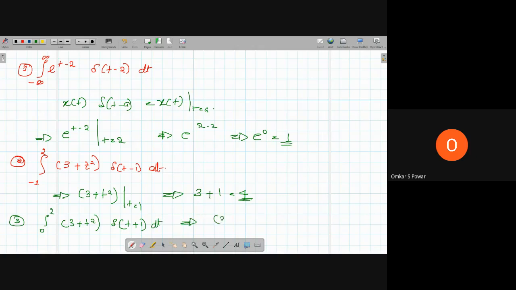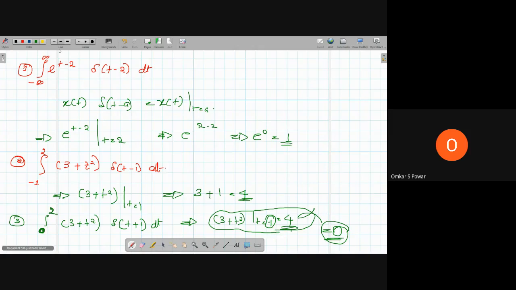It should be 3 plus t square at t is equal to -1, which is equal to 4, right? This is wrong. Why? Because t equal to -1, but the range is from 0 to 2. So the answer here is 0. Don't make this mistake. That is the intuition you have to take.